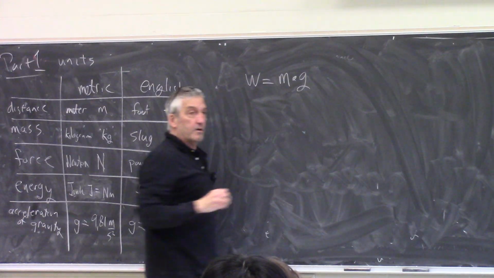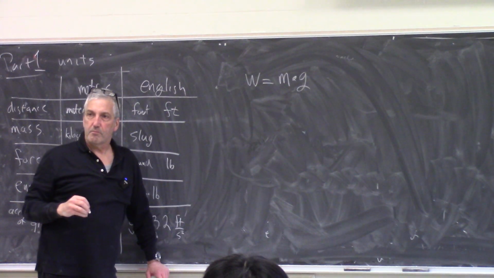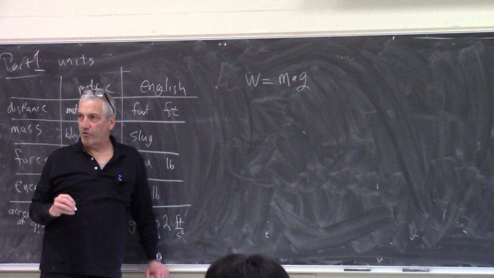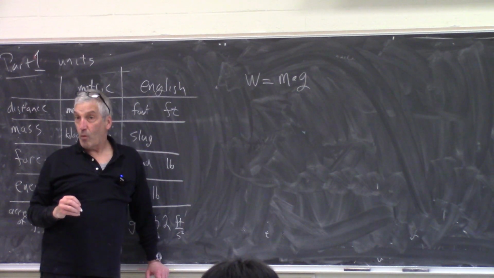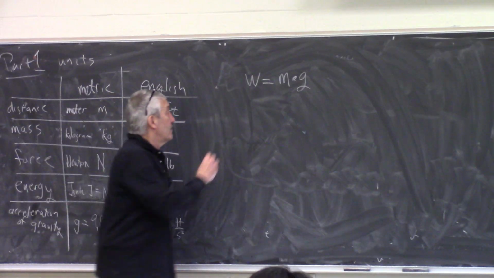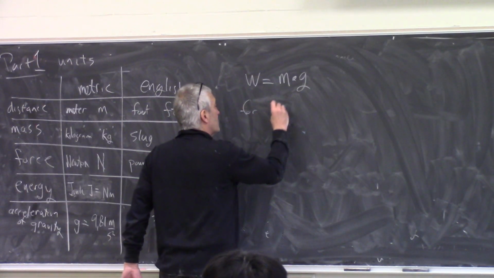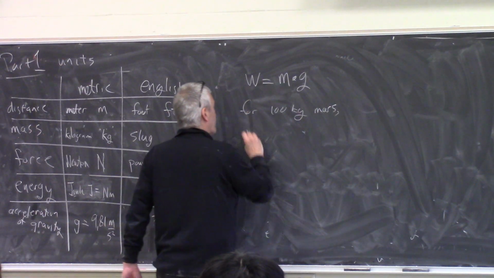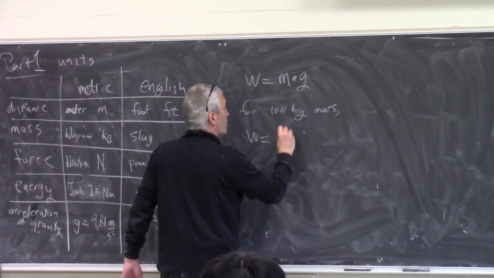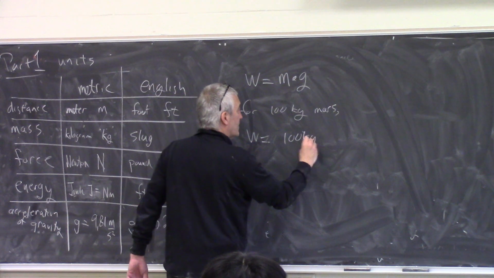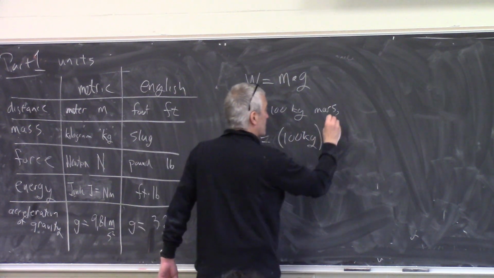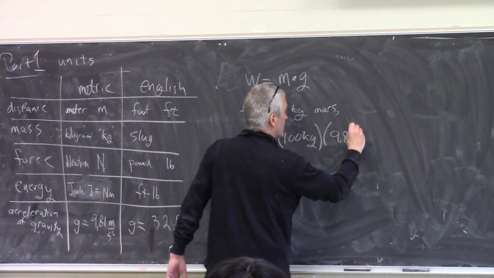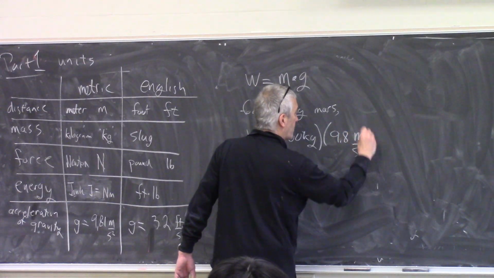If there's a disc in the weight room that's labeled 100 kilograms, that's not the weight, that's the mass. The weight would be 100 kilograms times g, 9.8 meters per second squared.